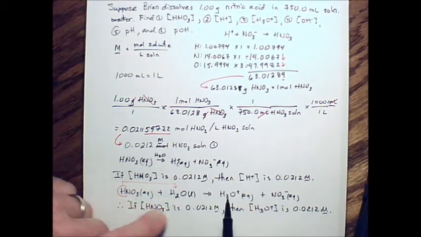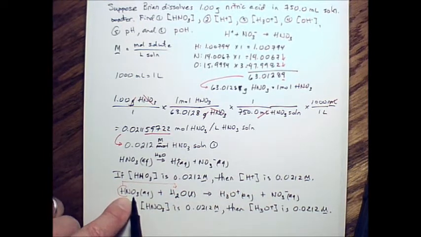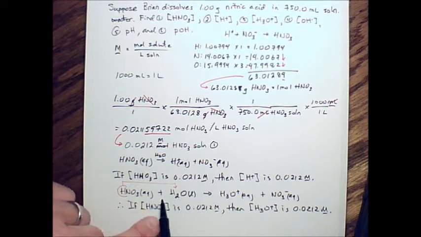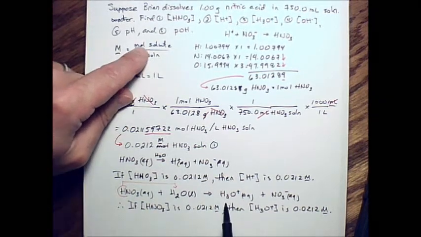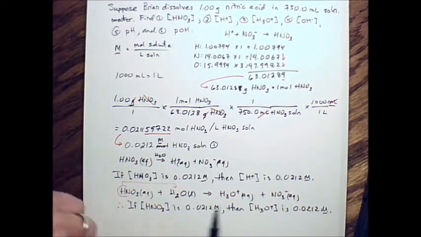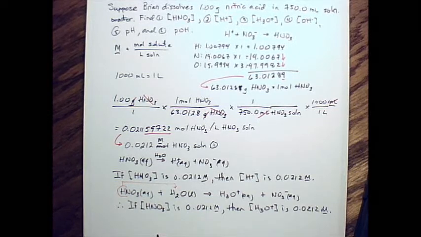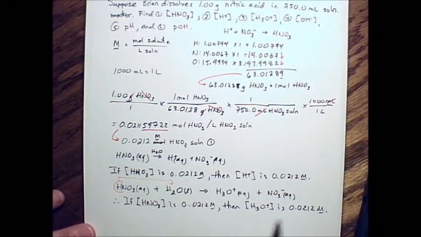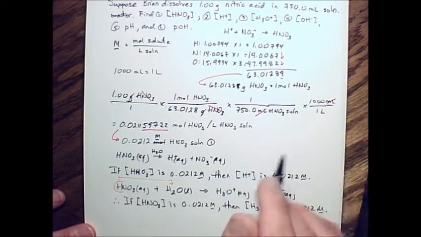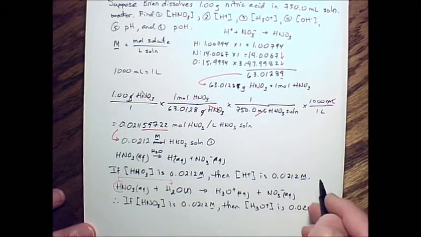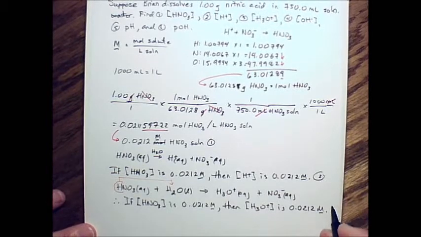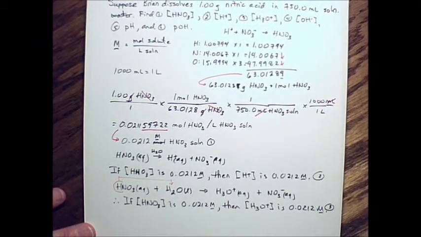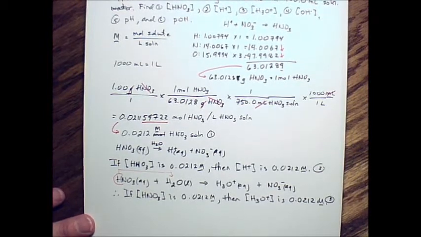Then if I have Avogadro's number of this, when I put it in water, I'm going to have Avogadro's number of those, which means the molar concentration, the number of moles in a liter, is going to be the same. Does that make sense? Okay. All right. So that answers this is number 2 up there, and this is number 3 up there. Okay. Now we're ready to go to number 4.